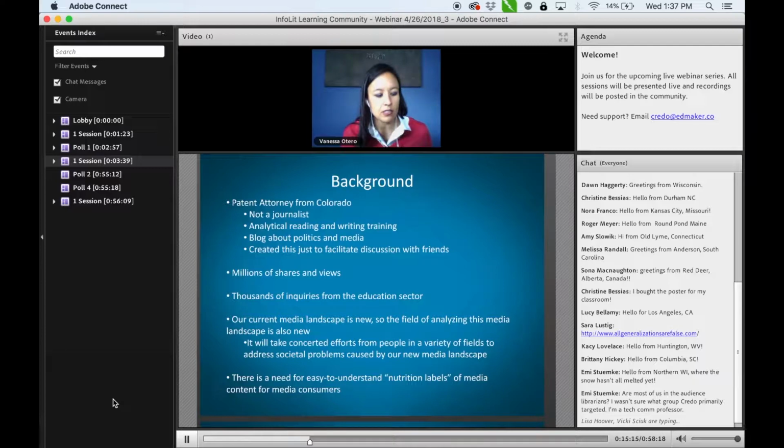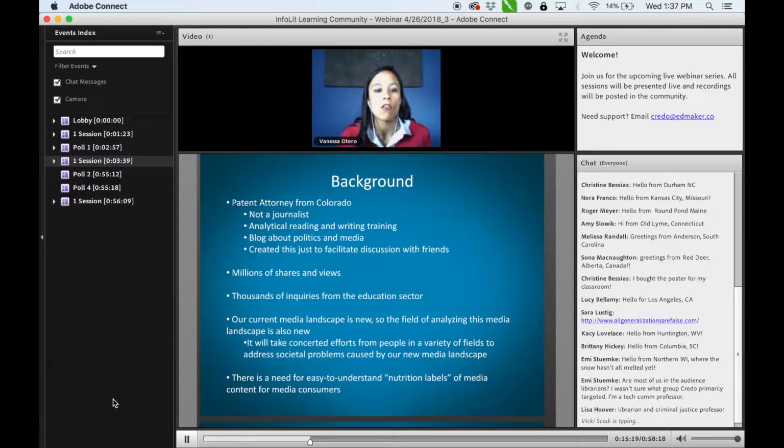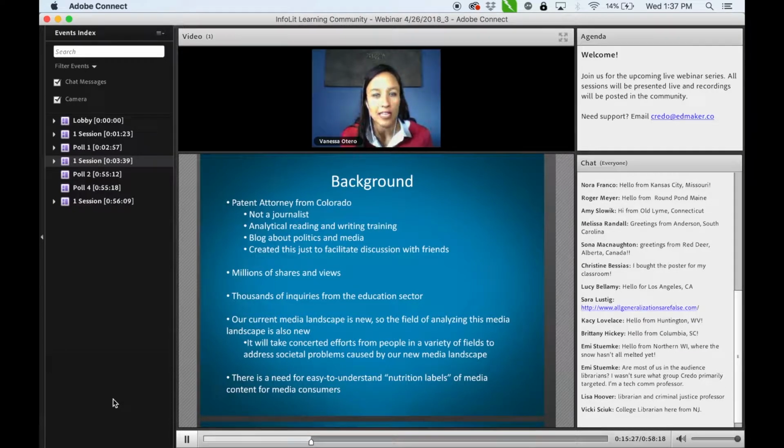I think there is a great need, because of the proliferation of so many news sources, for easy to understand nutrition labels of sorts of media content for media consumers. Now, I love reading as many news sources as possible and analyzing them in great detail, and I think a lot of you do probably as well, but not everybody does.